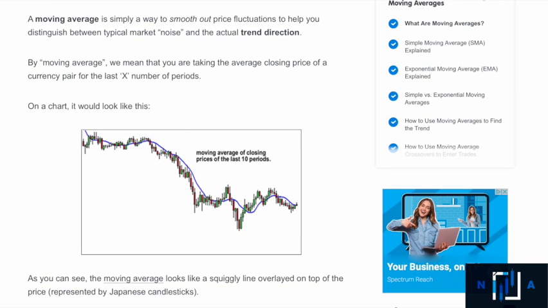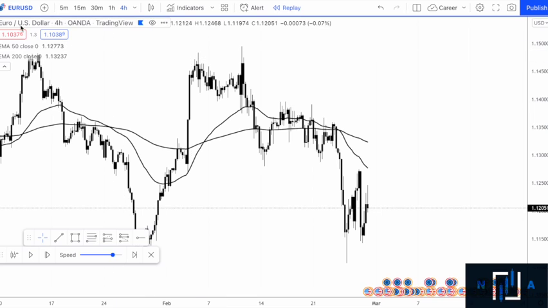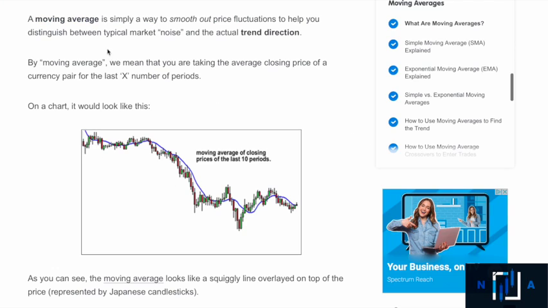On this chart, it would look like this. If I jump over to TradingView, I have an exponential moving average of 50 and an exponential moving average of 200. This means it takes an average of the price of the last 50 candles. That's what a moving average does.